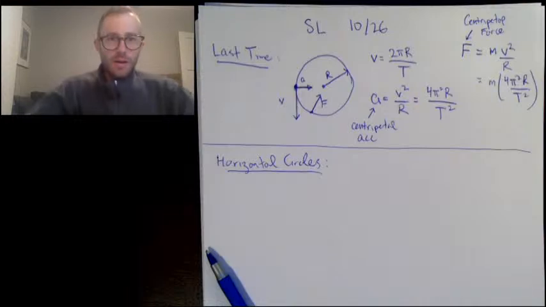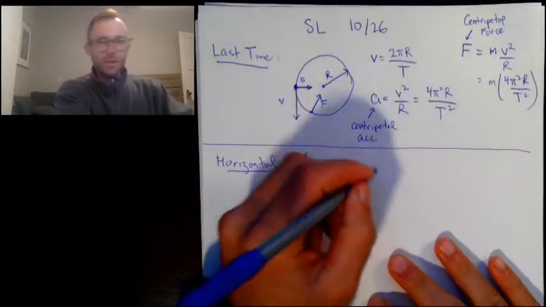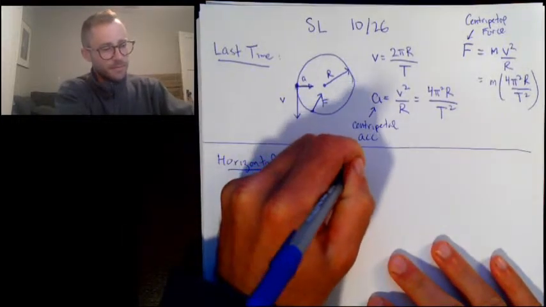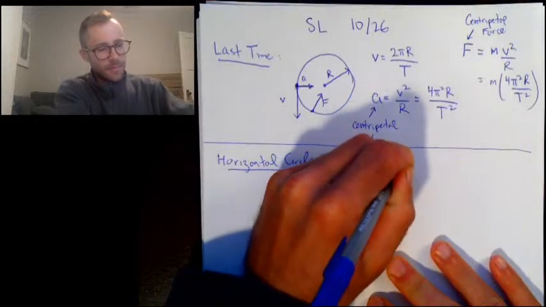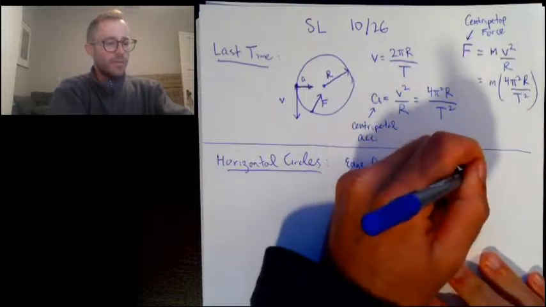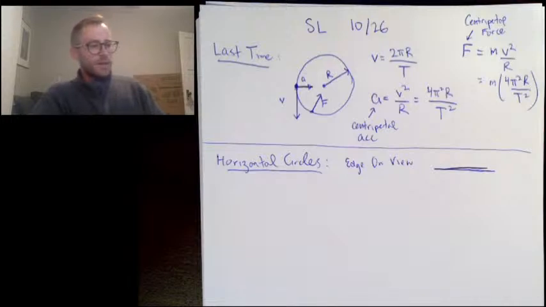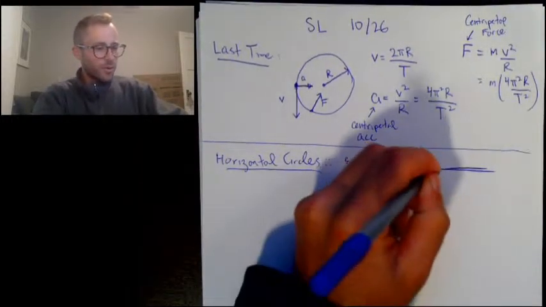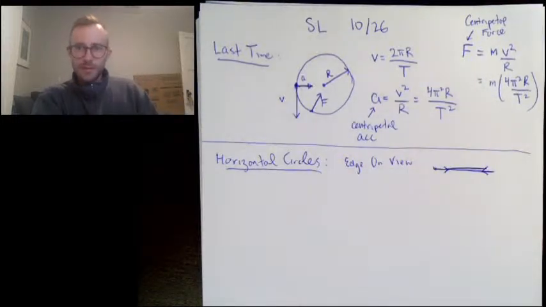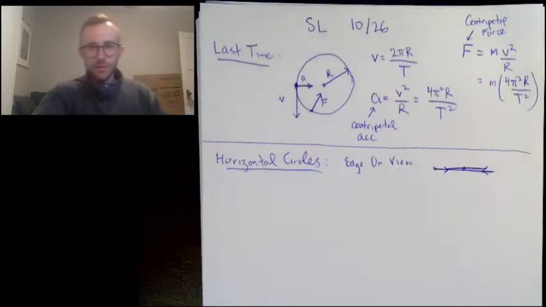If we think about a horizontal circle, looking at an edge-on view of the circle, something that's moving in a circle edge on is kind of going back and forth like this. And the centripetal force is pointing horizontally, because the center of the circle is right here, so it points towards the center of the circle.